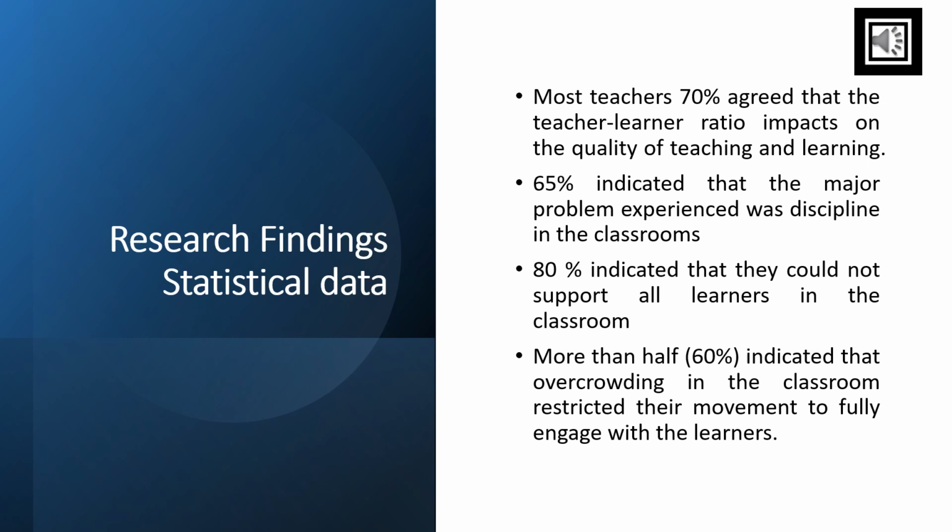What did our research find? According to the statistical data, more than 70% of the participants agreed that the teacher-learner ratio impacts on the quality of teaching and learning. 65% indicated that the majority of the problems experienced by teachers in primary schools was discipline in their classrooms. 80% indicated that they could not support all learners in their classroom to ensure quality invitational education.